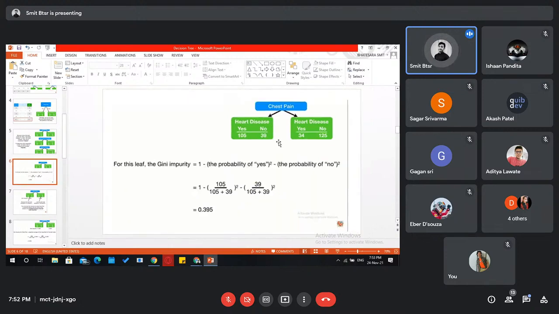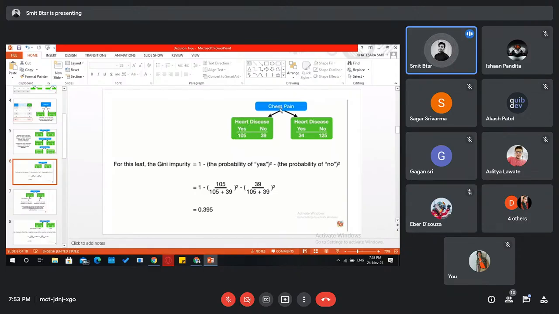Okay, so here is a little mathematical part to calculate these numbers and the relationship between heart disease and chest pain. This is called impurity. We know that this is not pure. There is not a clear discrimination. There are both the cases, yes and no as well. So this is impure, and we want to find the impurity of this relation.